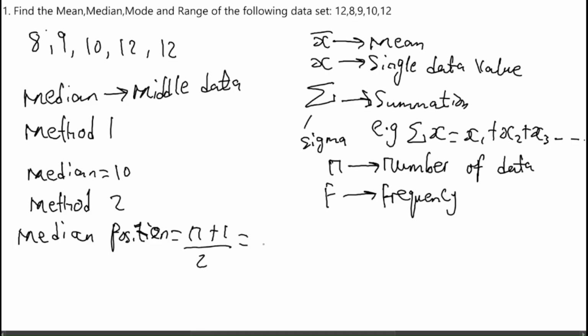Now, the number of data involved is 5 plus 1 divided by 2. 5 plus 1 is 6. 6 divided by 2 is 3. It means the median is on the third position. So on the first position is 8. Second position is 9. On the third position is 10. So the median is 10.